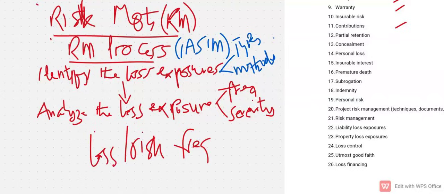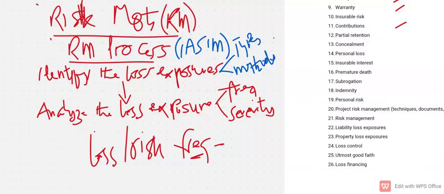Risk frequency talks about the probable number of times the loss occurs. Frequency is the number of times something occurs.